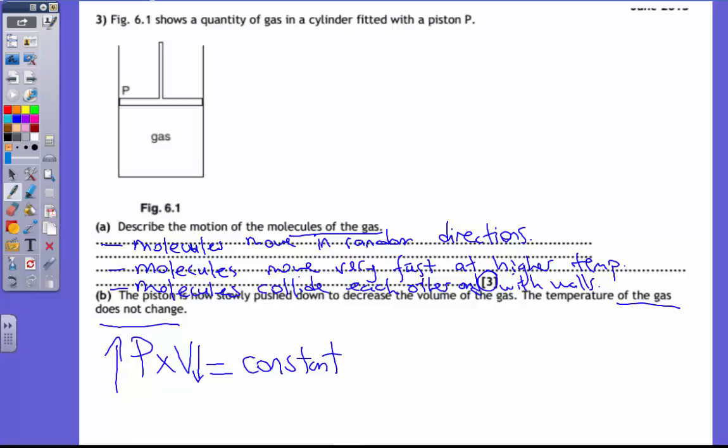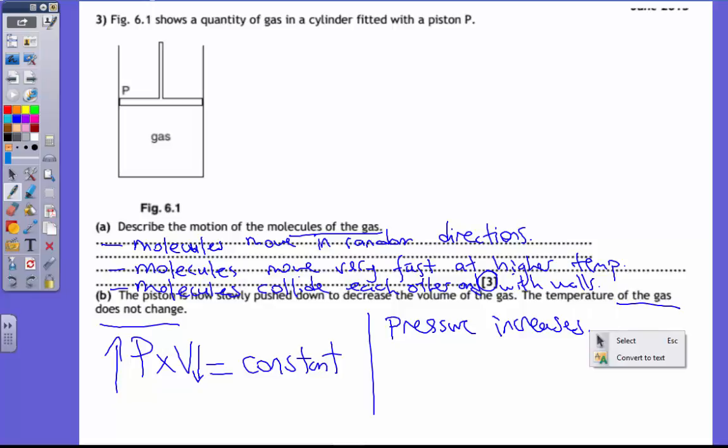How does the pressure increase? The pressure increases with more frequent collisions.